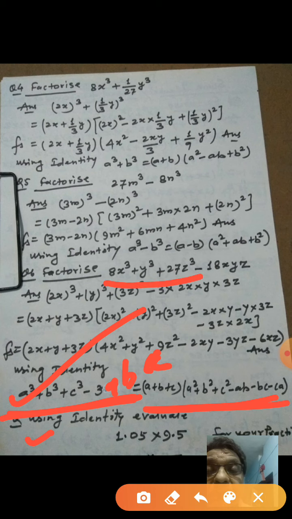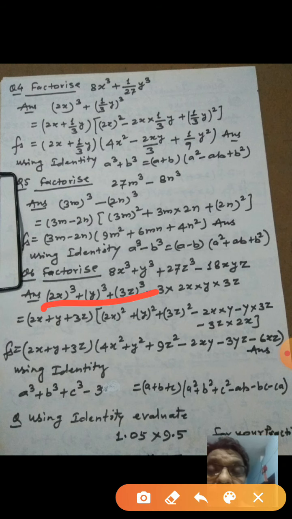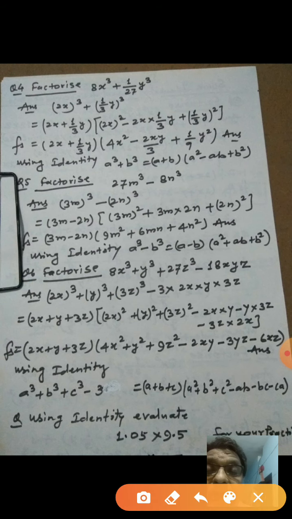So these 3 terms I have made in cubic form. So it is (2x) whole cube plus (y) whole cube plus (3z) whole cube. So these are 3 cubic terms, and then I have written minus 3abc, taking a, b and c from these brackets, and if you multiply all these you will get the corresponding term 18xyz.